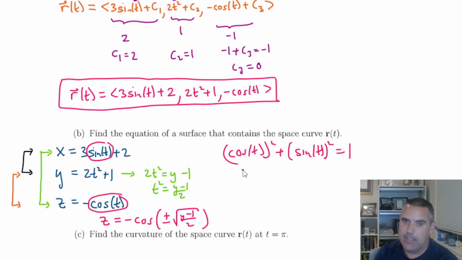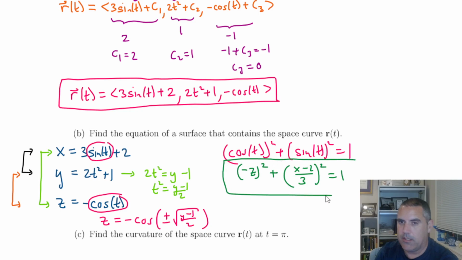Cosine is negative z, but negative z squared is the same as z squared. And sine of t would be x minus 2 over 3. So that's the strategy. This is actually an ellipse, so that would make it easier to visualize. If I made a 3D visual of that elliptic cylinder, every point on this curve is on there. So that helps us visualize.